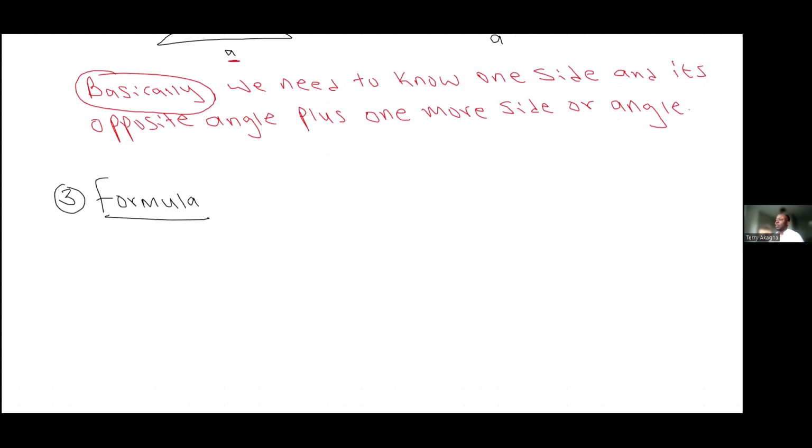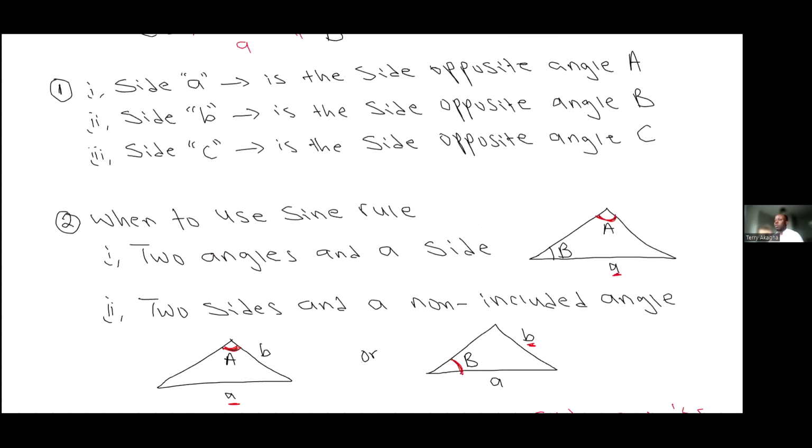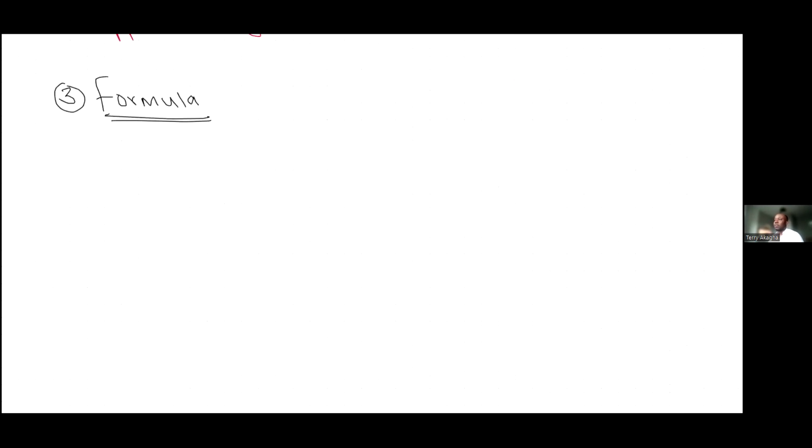So the first thing, I just showed you what it means to have the side and when to use the sine rule. Now the formula of the sine rule is very easy. The formula is A divided by sine A equal to B divided by sine B equal to C divided by sine C. Or you can flip it if you want to.